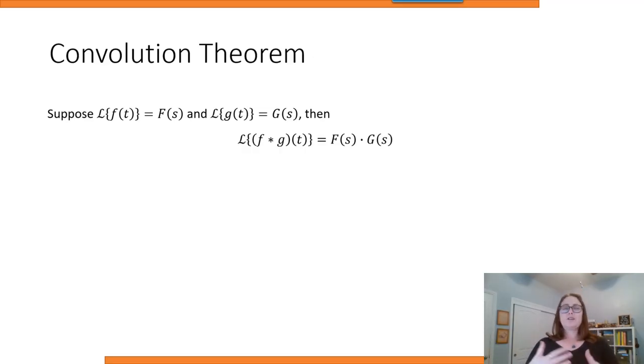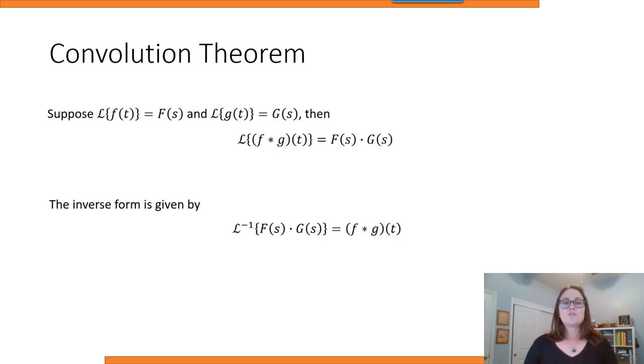This isn't where things are terribly helpful. What really gets helpful is when I reverse this, or take the inverse of this for the inverse Laplace. So this means that if I apply the inverse Laplace to a product of functions, I get the convolution of little f and g.